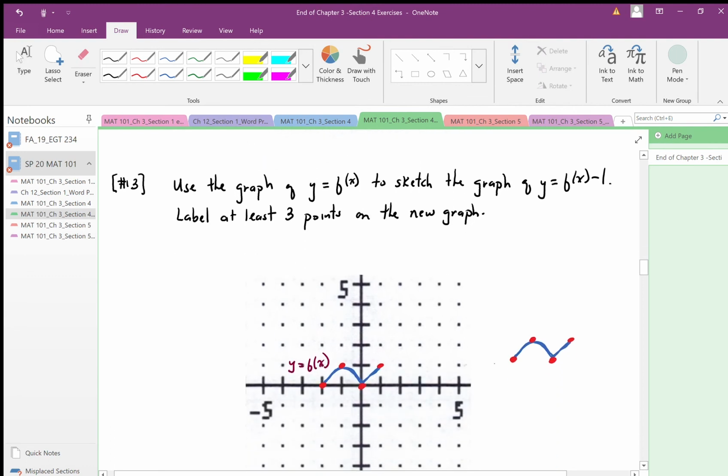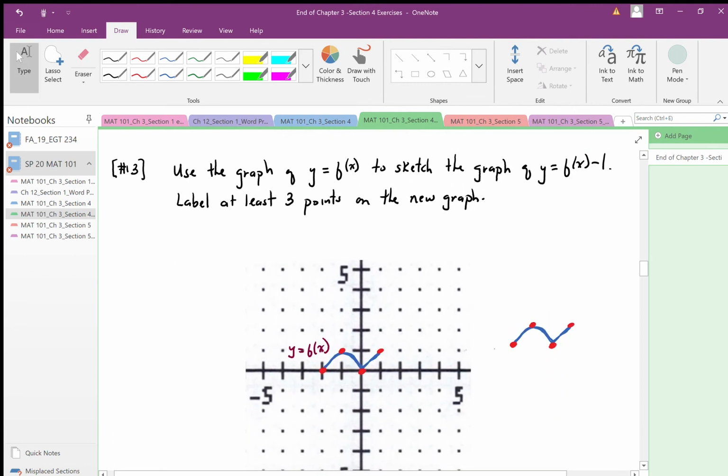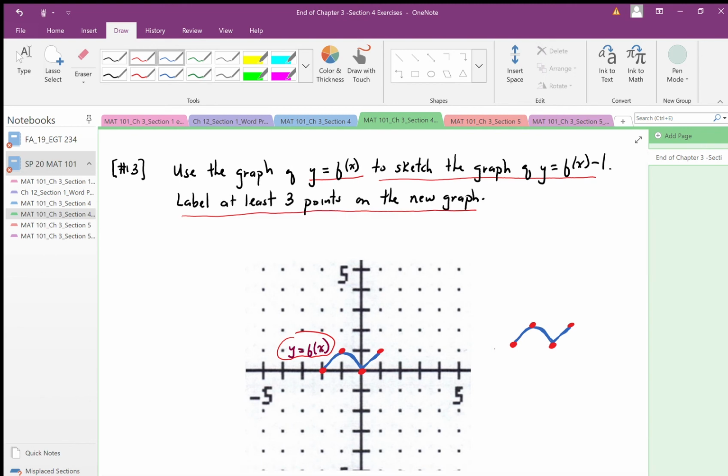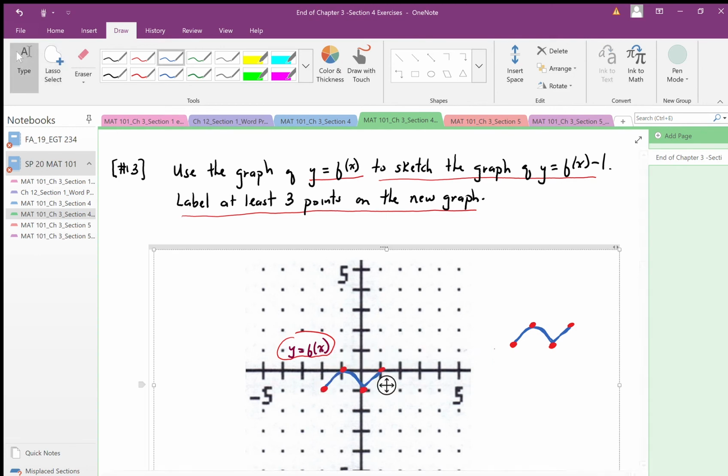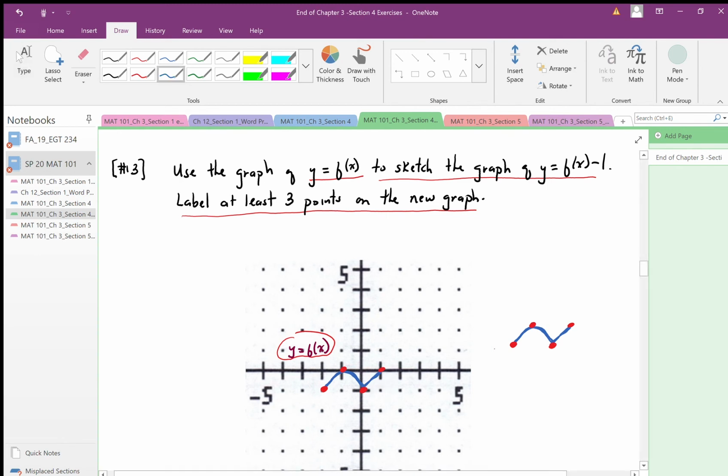Now, they say use the graph y equals f of x here to sketch the graph of f of x minus 1, and then label these 3 points on the new graph. We can actually move this down by 1. And then what are the points? The point here is going to be (-2, -1).